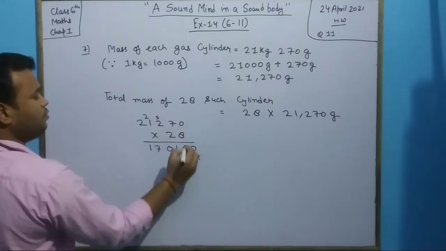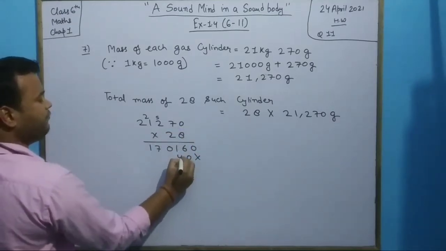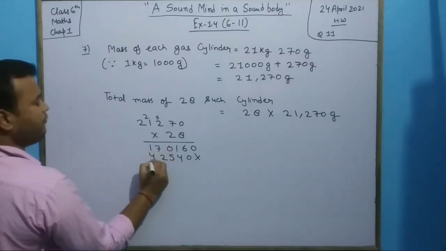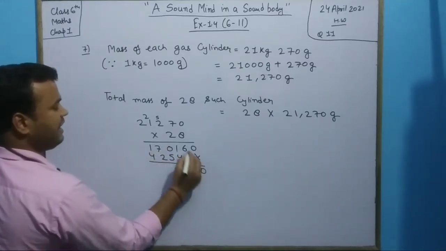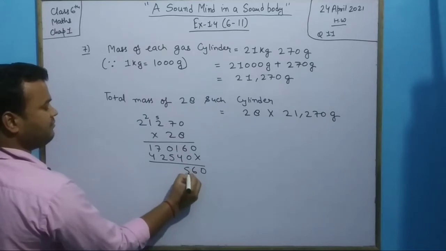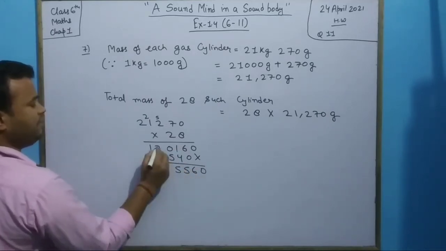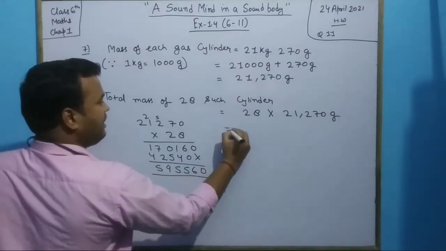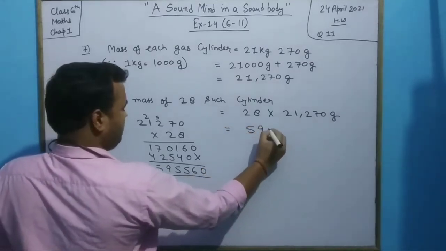Now again 2 into 0 is 0, 2 7s are 14, 4 carry 1, 2 twos are 4 and 1 is 5, 2 ones are 2 and 2 twos are 4. Again let's add them. 4 plus 1 is 5, 5 plus 0 is 5, 7 plus 2 is 9, 4 plus 1 is 5. So finally this will be the answer.